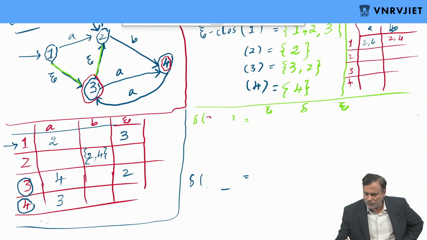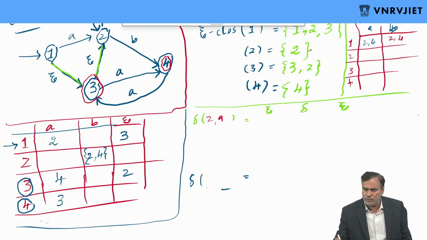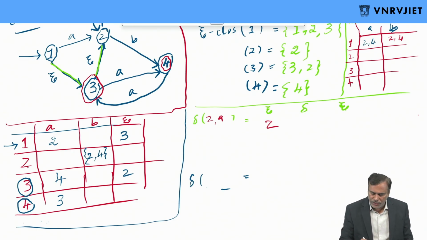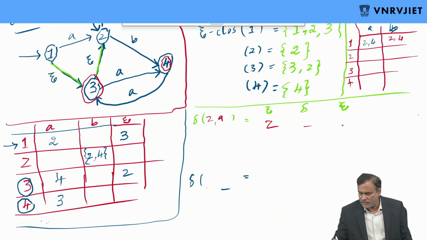That is, delta of 2A. What is delta of 2A? First you have to find the epsilon closure of 2. You know epsilon closure of 2 is 2 itself. And then 2 on A, what is the entry? 2 on A is blank, nothing. The epsilon closure of nothing is nothing itself. So you are going to get the entry for 2A as blank itself. I think you are clear.